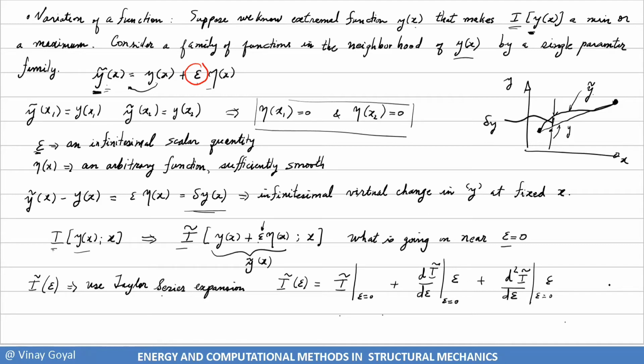I'm sure you've seen how to do Taylor series expansion. What I want you to notice right now is: what do I get when I set epsilon equals 0 in I tilde?